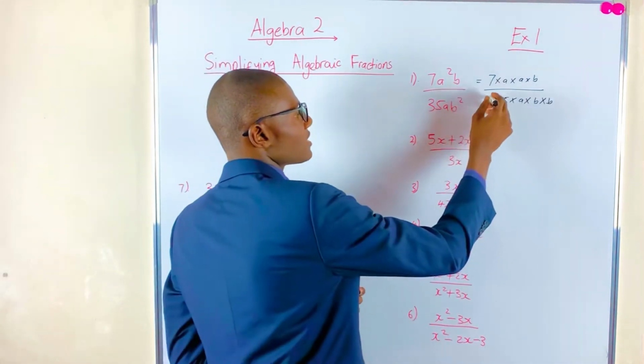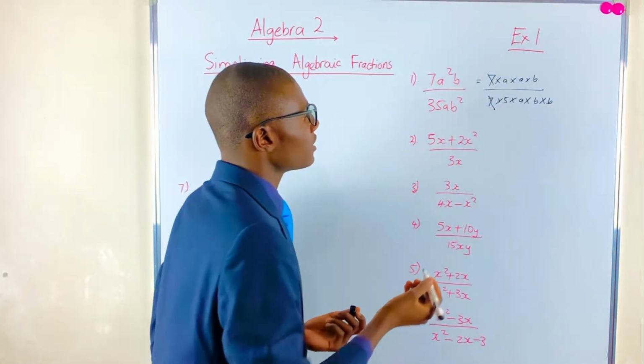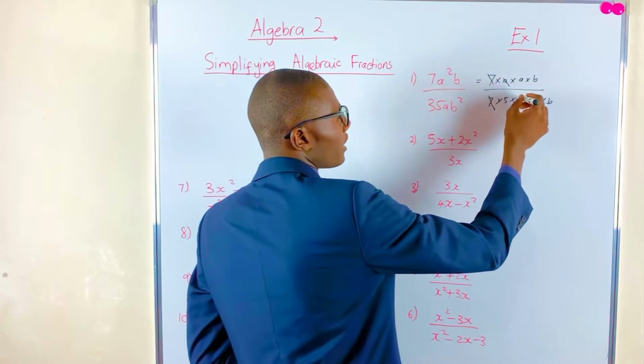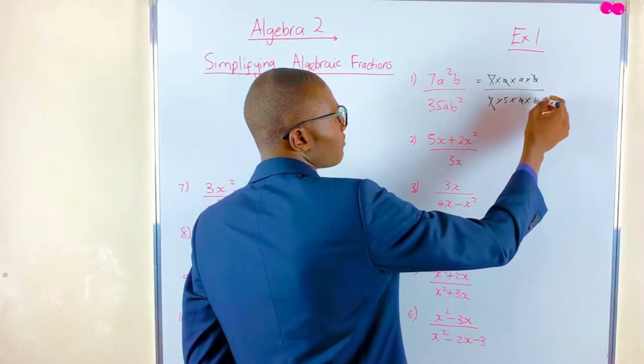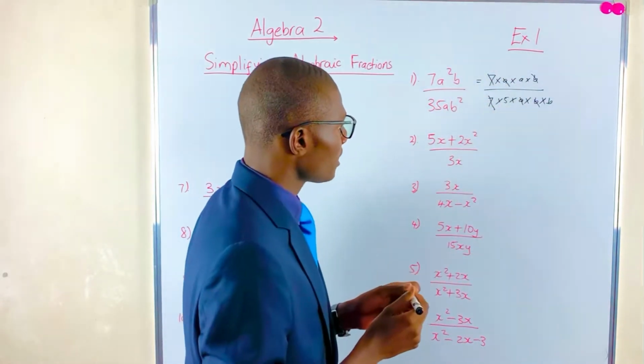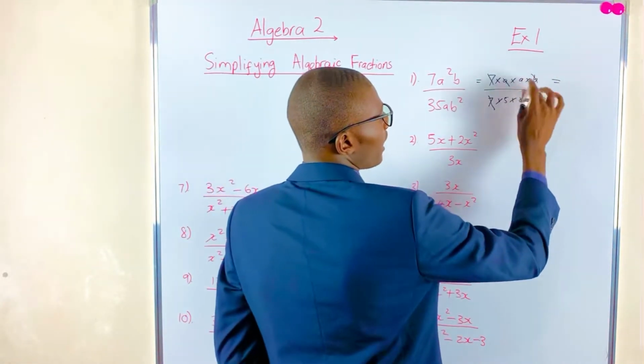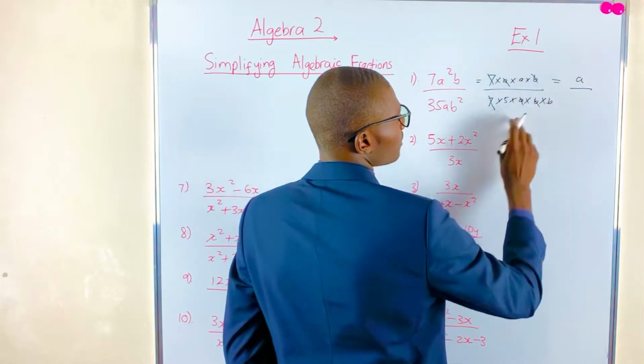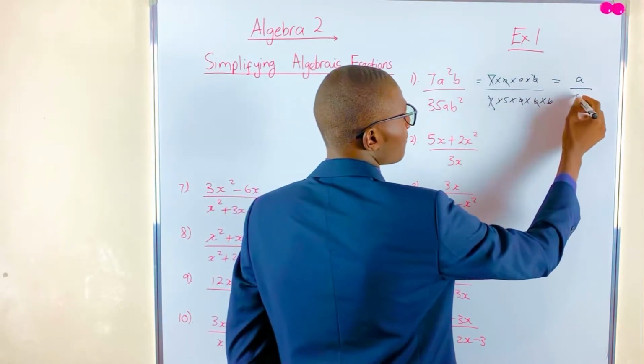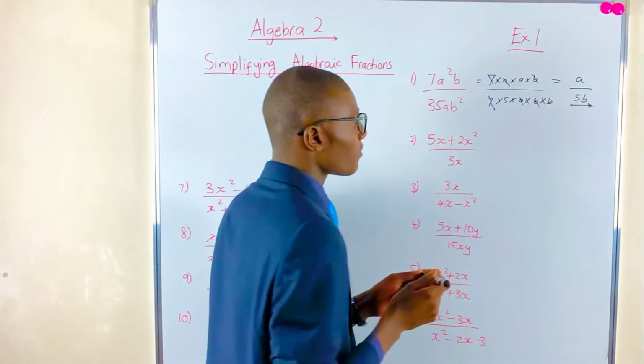So we know that 7 and that 7 will cancel out, and an a, then a b and a b. Such that the final answer that we want would be a over 5 times b, which is 5b. So this is for number one.